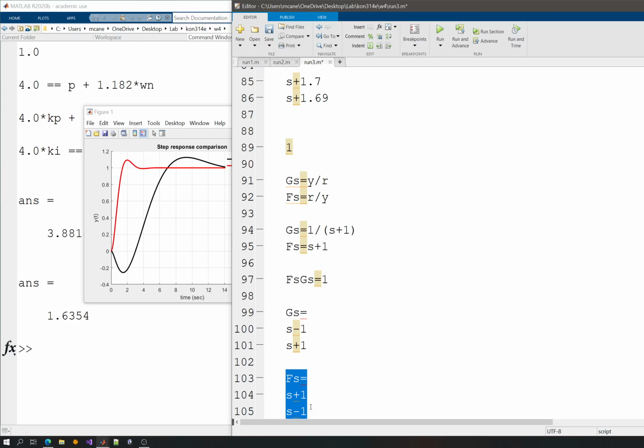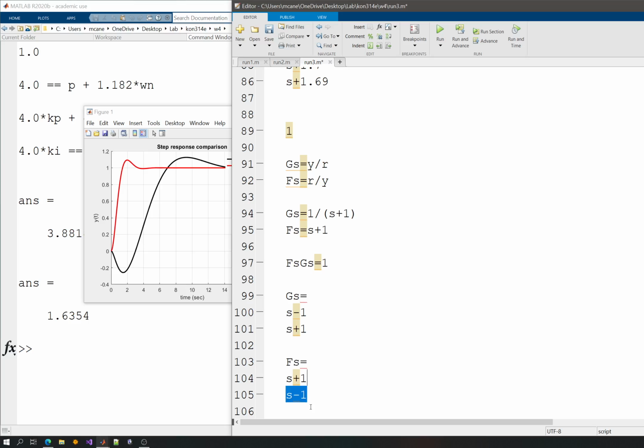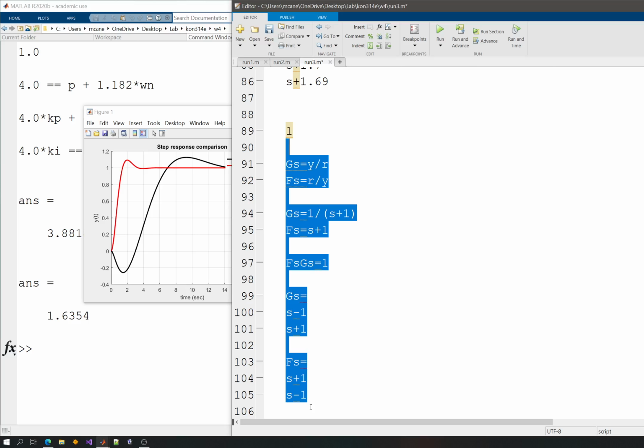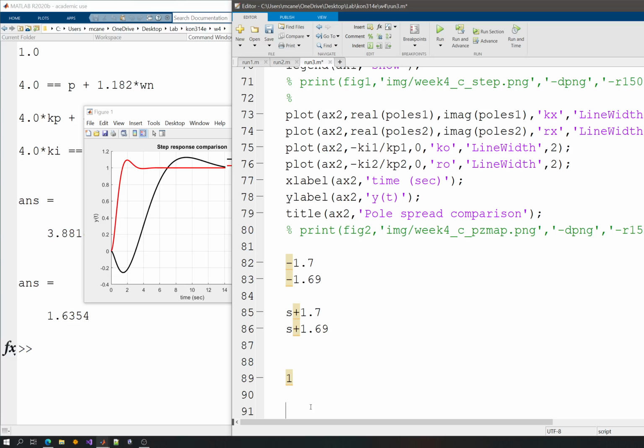That's a risk that we will not take in the practical world. Now, if you remember the room temperature control system, you should know the system exactly. The system should be minimum phase, and also there should be no effects that you didn't take into account.